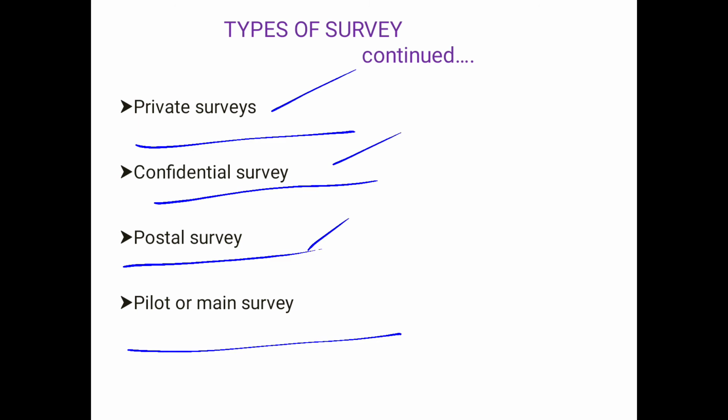In other words, a pilot survey is a strategy used to test the questionnaire using a smaller sample compared to the planned sample size. It is usually carried out on a small scale prior to the main survey, primarily to gain information to improve the efficiency of the main survey.